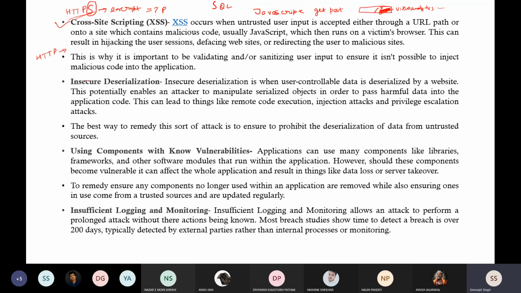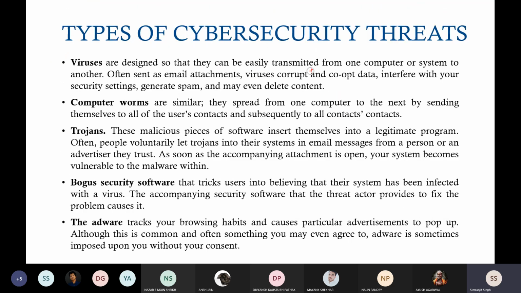Another thing is insecure deserialization. What is the meaning of deserialization? Firstly you have to understand serialization. Whenever you go to a particular page, that page consists of data structures and other things, which are formed serially.